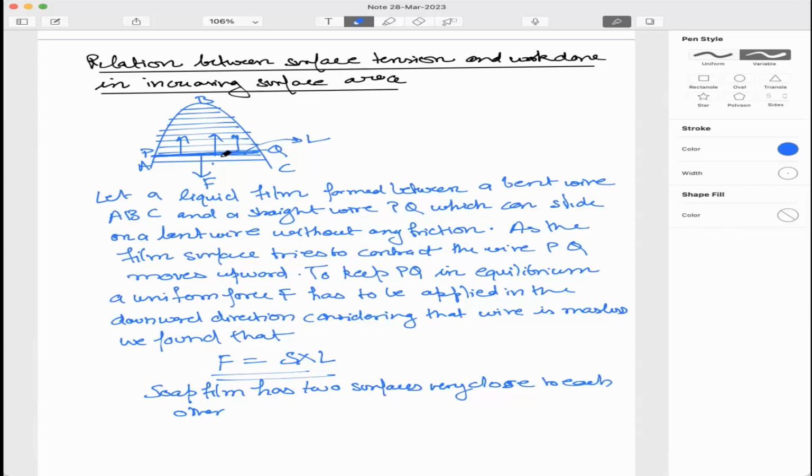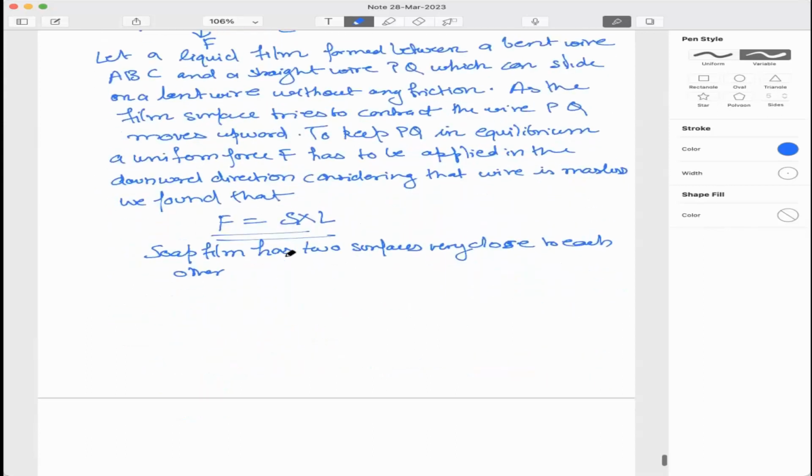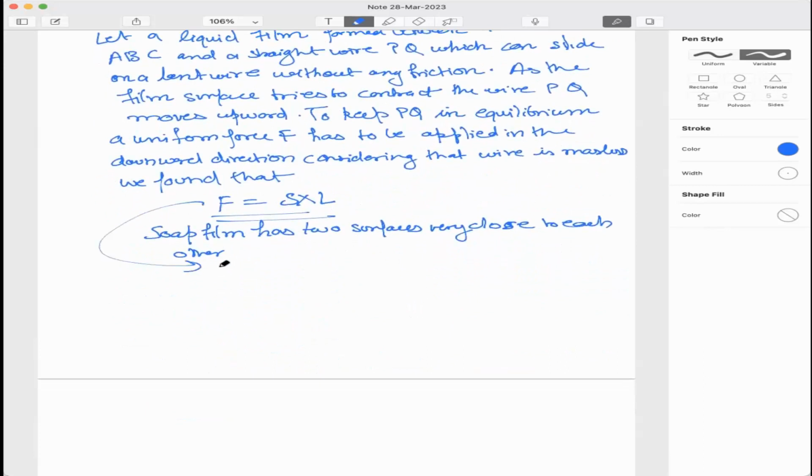Soap film is a bit thick compared to other films, because there are two films in contact with each other. So the correct way to write this force is two surfaces, so that is two length, S into 2L, because there are two free surfaces. Okay.